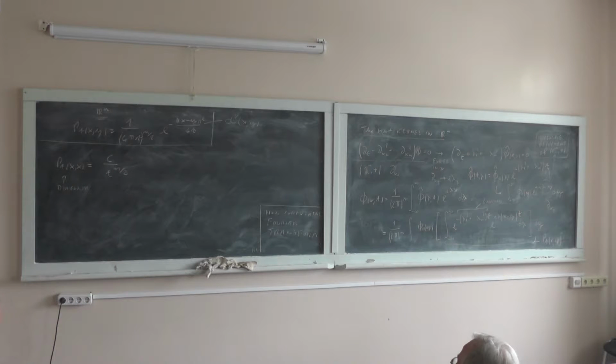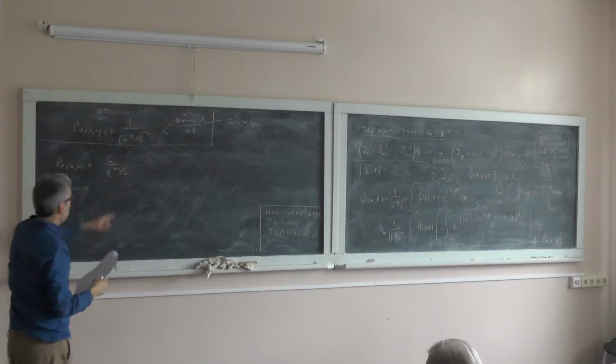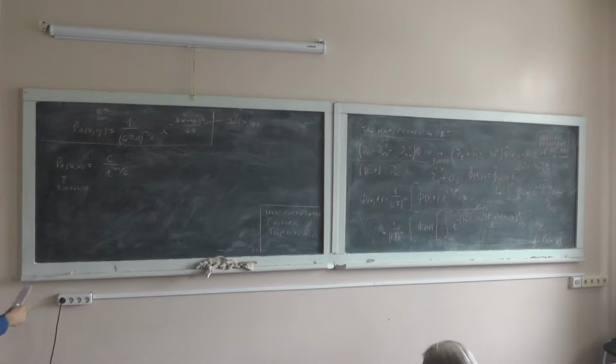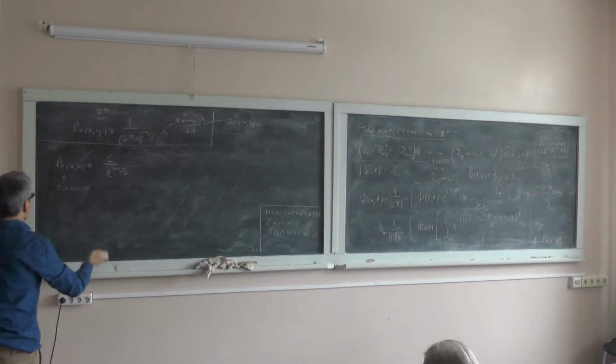So this is in Euclidean space. If you put a Dirac delta in R^n at a point and then evolve with the heat equation, this will go down polynomially, as 1 over t to the n divided by 2. And this is on the diagonal.